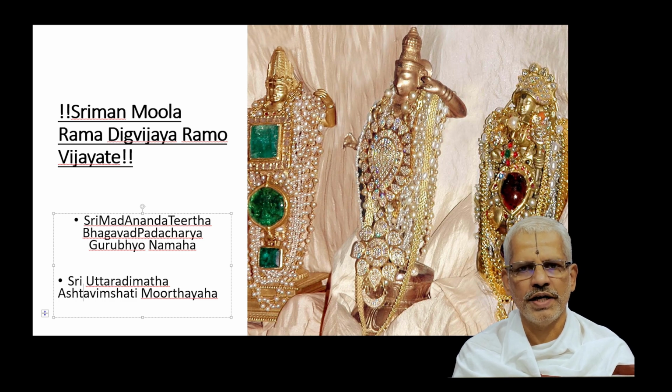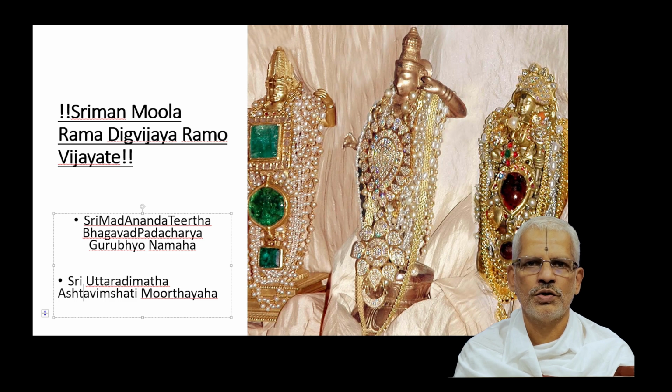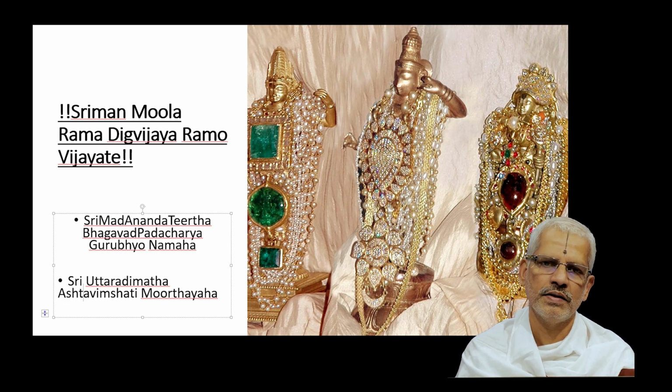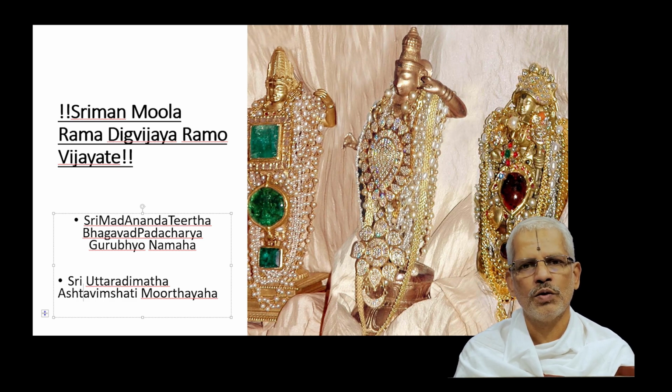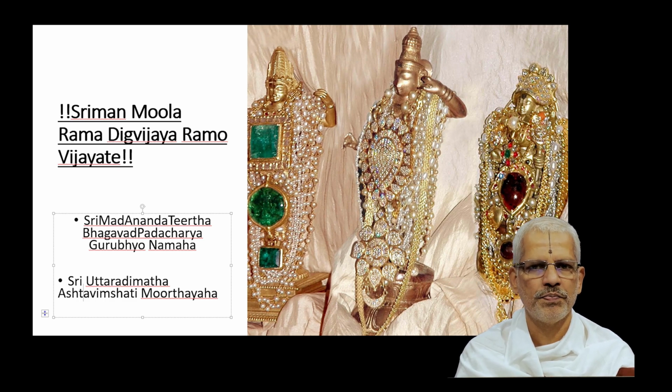This session will take you through two things: to know which are these 28 Moorthis. Second, a brief understanding of these Moorthis, and by chanting or reciting the shloka, what is the phala.